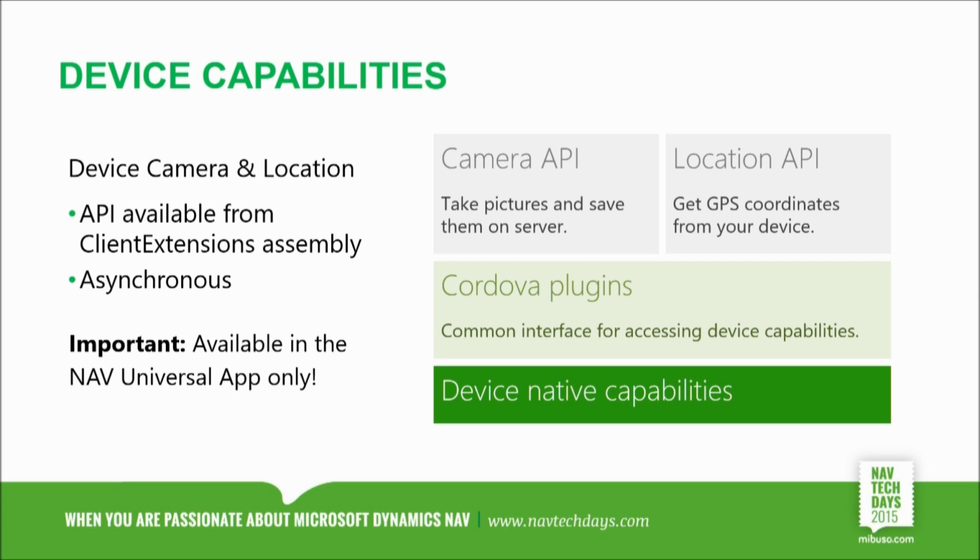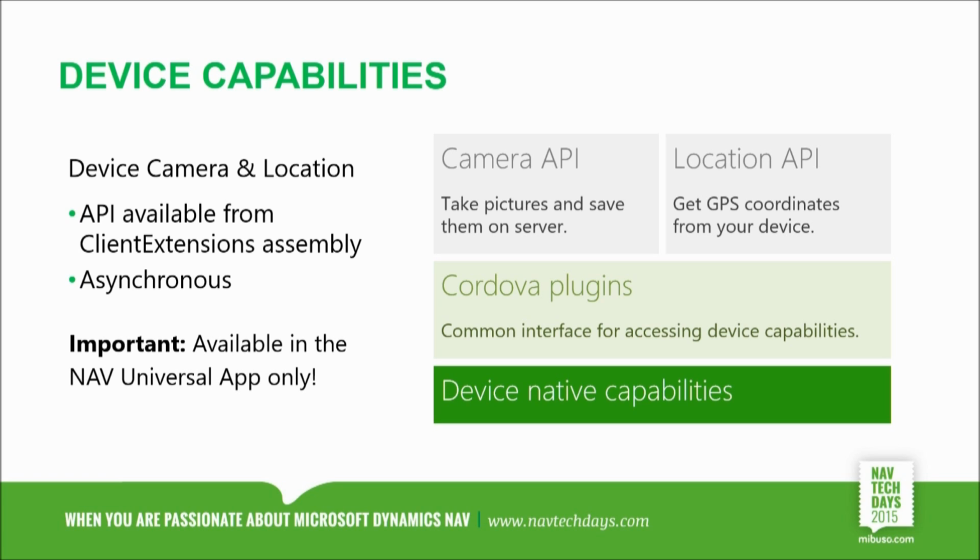And now before we go into the demos of how to use these device capabilities, let's talk a little bit, just briefly, about the architecture, right? So the camera API and location API, I said they are in CAL, right? They're exposed in CAL as part of a .NET assembly. And the server will send a request to the client to interact with the device.